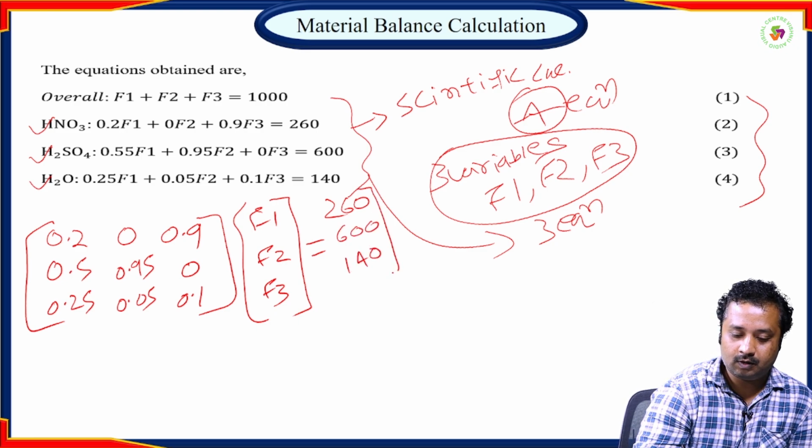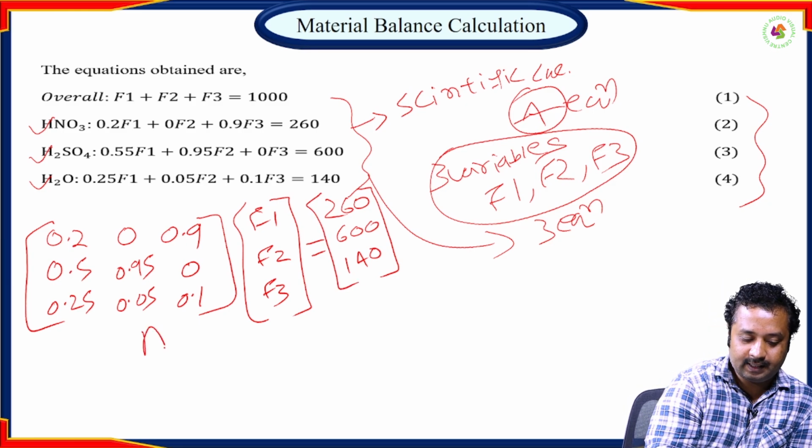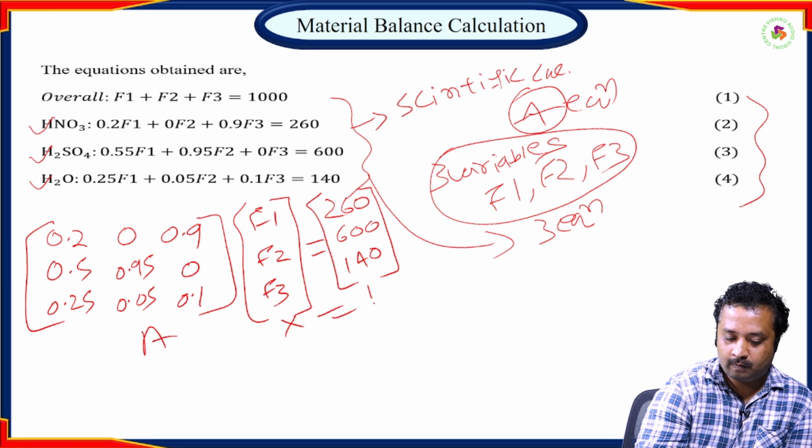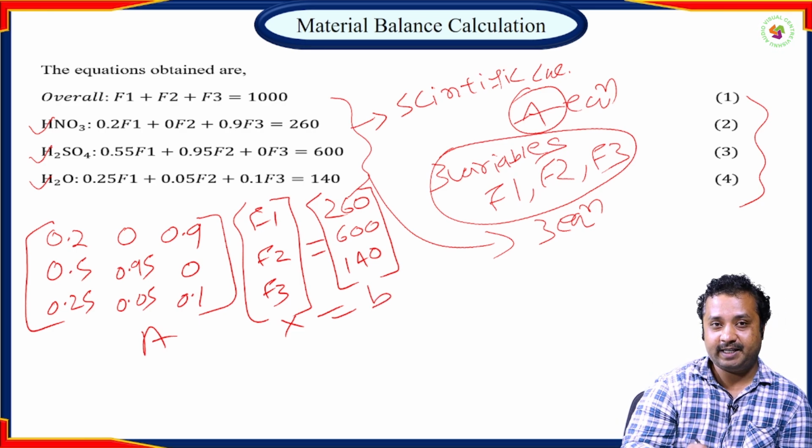As you know, this is the matrix representation of the equations. We can represent it as AX is equal to B. That is the linear equation in matrix form.